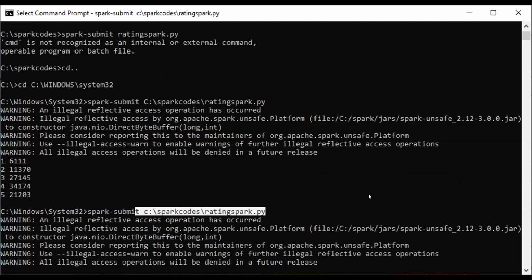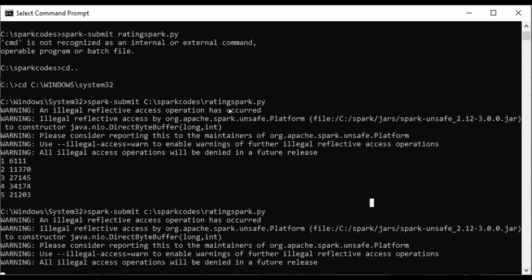It's just taking time. I get some warnings, but the code is still running. I have so many things running on my system, so my system is slow at this time.